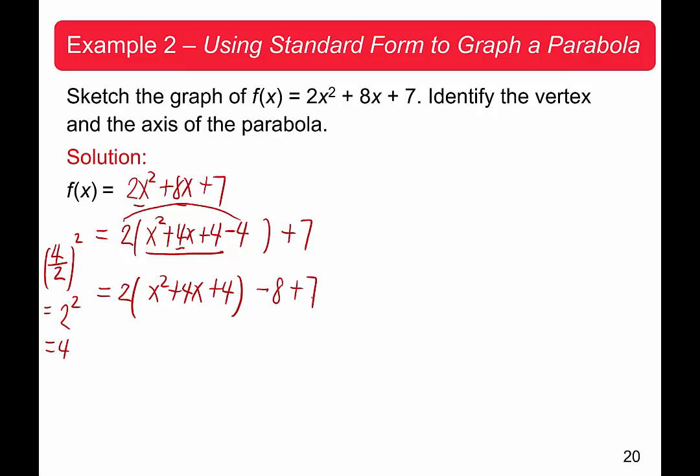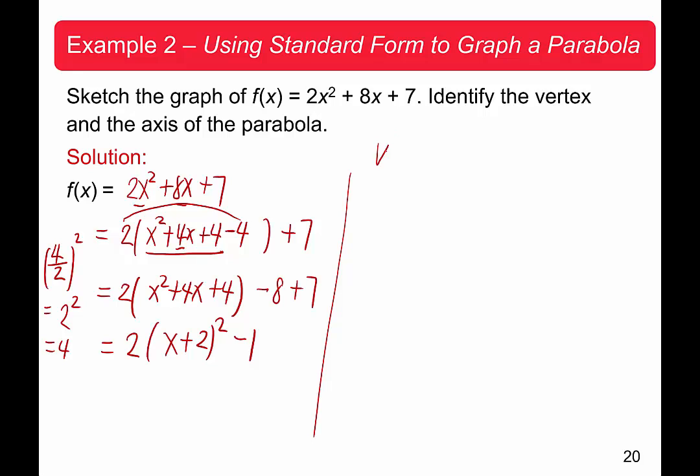Now you combine those 2 constants, and inside of the parentheses is the perfect square, x plus 2 squared. Now we complete the square. And -8 plus 7, that's -1. So now we turn this into a perfect square, and then we will be able to get a vertex.